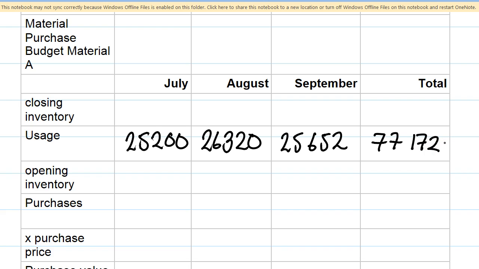I now have to work out how much I'm going to buy. So I'm going to work out my purchases in units, which is in this case kilograms. And for that I need to take into account my opening and closing inventory. My opening inventory on the 1st of July is in the question, 7,000 kilograms.